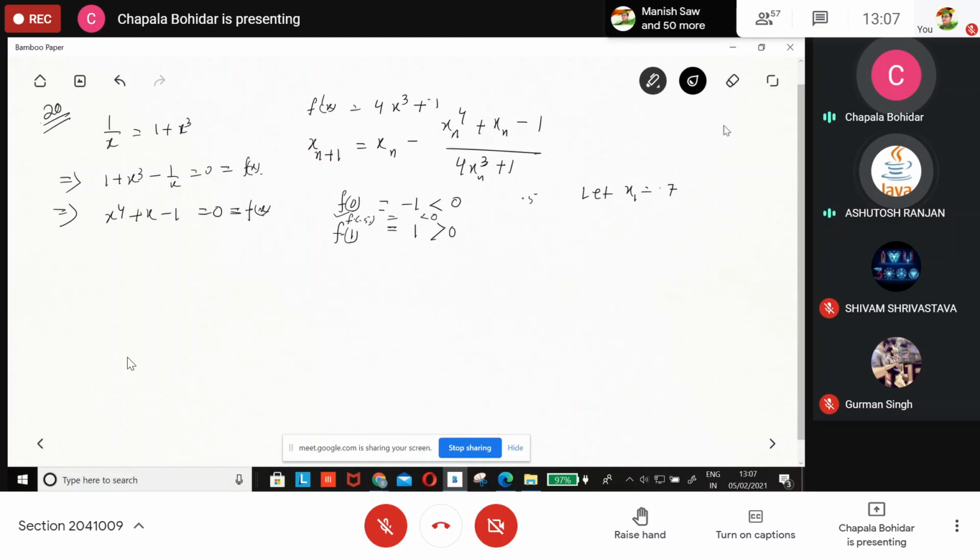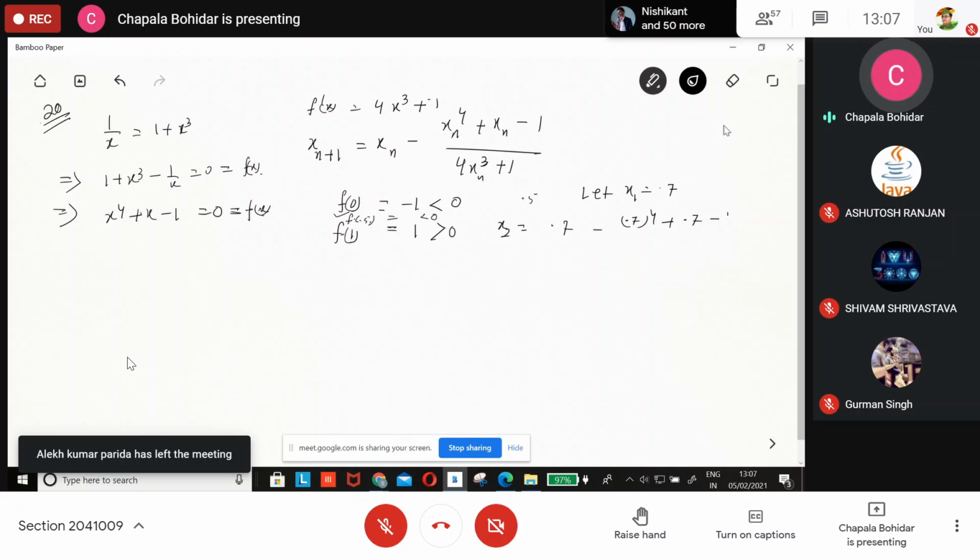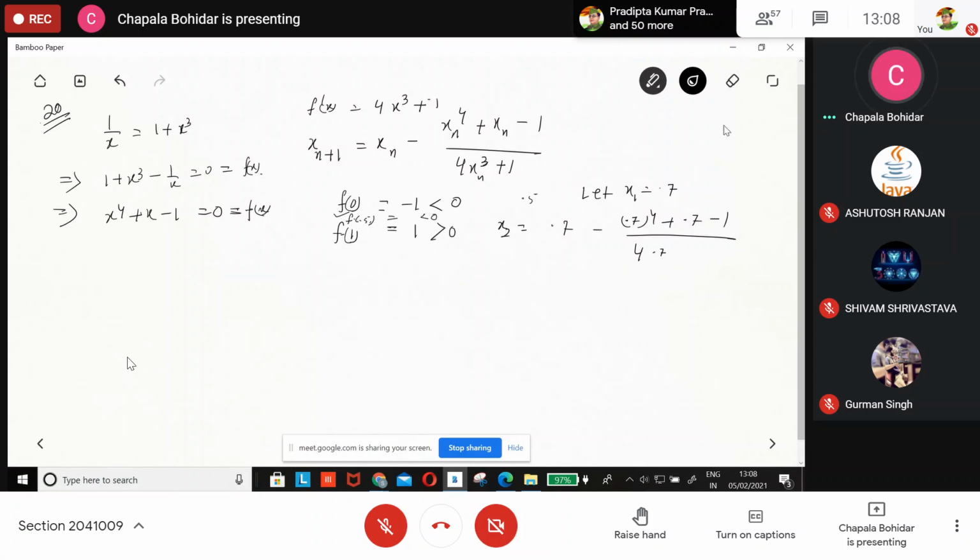You can say it is 0.75, I am considering just 0.7. So find x2. x2 is equal to 0.7 minus (0.7 to the power 4 plus 0.7 minus 1) divided by (4 into 0.7 to the power 3 plus 1).